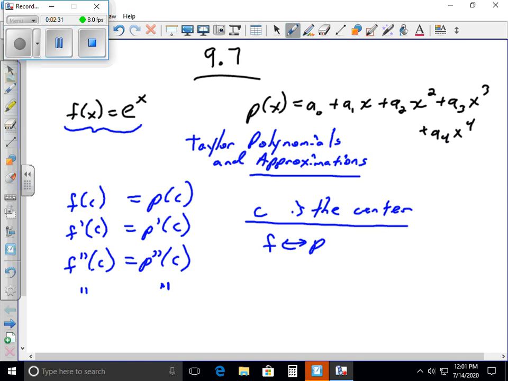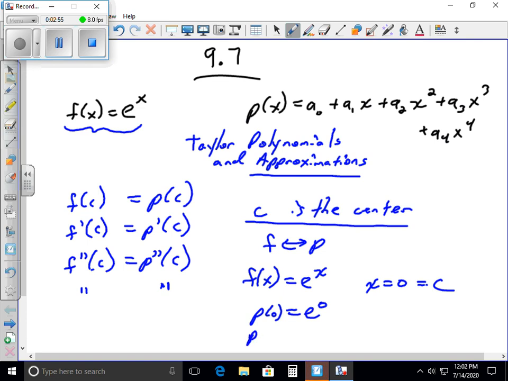So if we want to find values of f of x equals e to the x near x equals 0, then 0 is going to be our center. Then we will want our polynomial at 0 to be the same as e at 0.